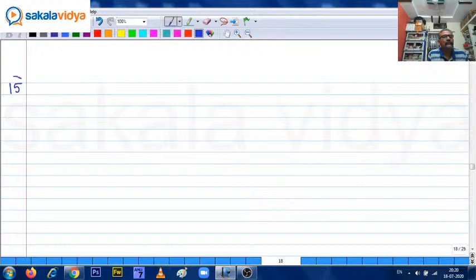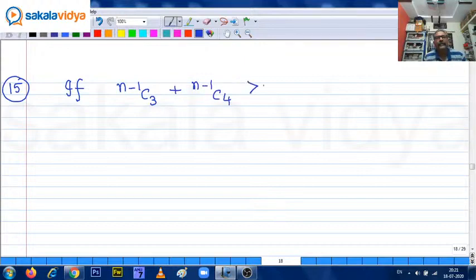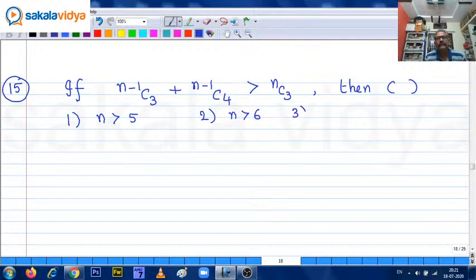Okay, 15th question. If n minus 1 C3 plus n minus 1 C4 is greater than n C3, then: first option n greater than 5, second n greater than 6, third n greater than 7, fourth n greater than 8.